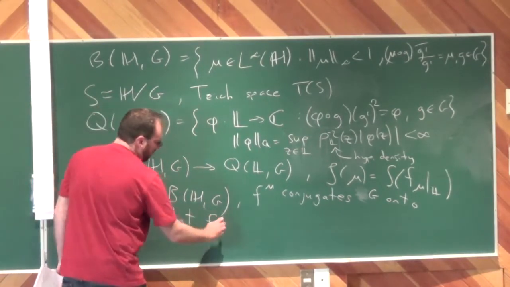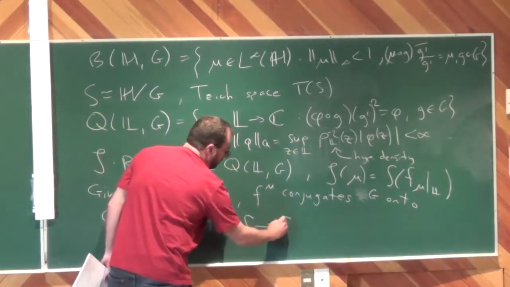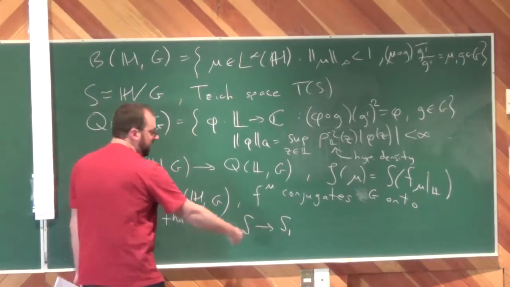So we can project F mu to be a quasi-conformal map from S to S1.